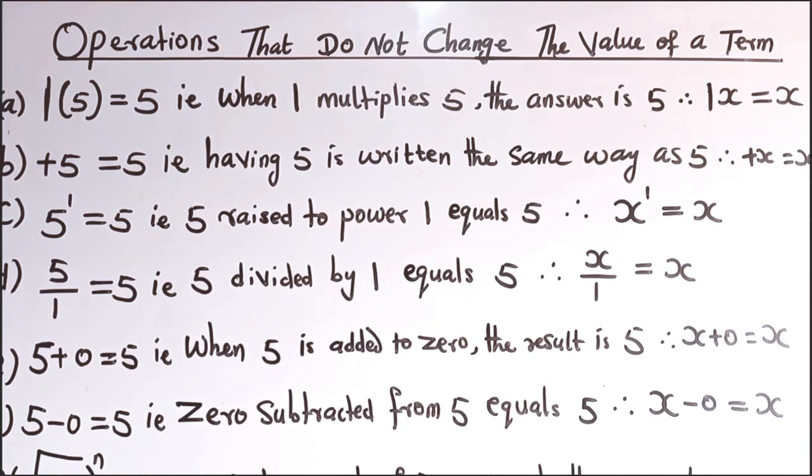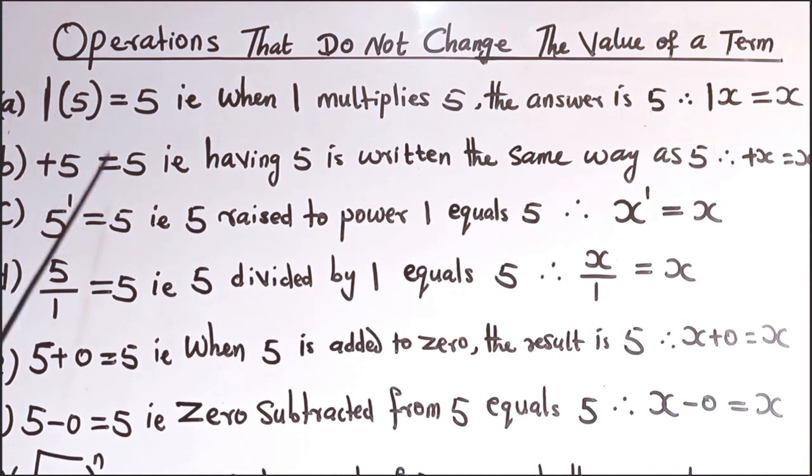The second one is like accounting, which is the chief cornerstone of modern mathematics. And in this case, we're simply saying plus 5 is equal to 5. I said earlier, not in this topic, that whenever a number is written without a sign in front of it, the sign is plus, meaning having.